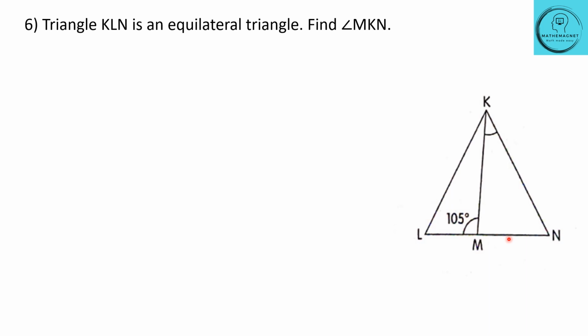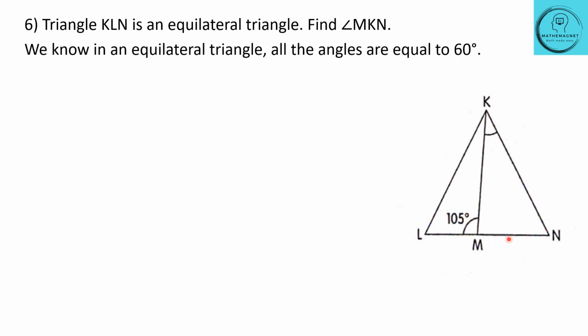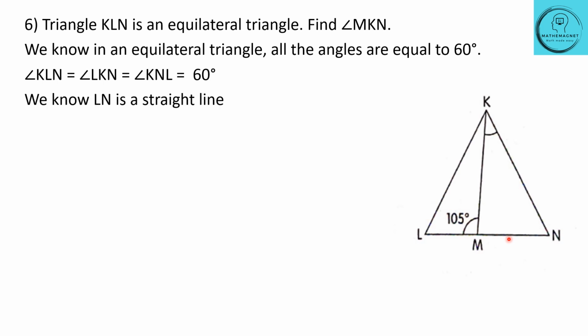Let's first note down the facts that we are aware of. In an equilateral triangle, all angles are equal to 60 degrees. So angle KLN is equal to angle LKN, which is equal to angle KNL, which is 60 degrees. And we also know LN is a straight line.